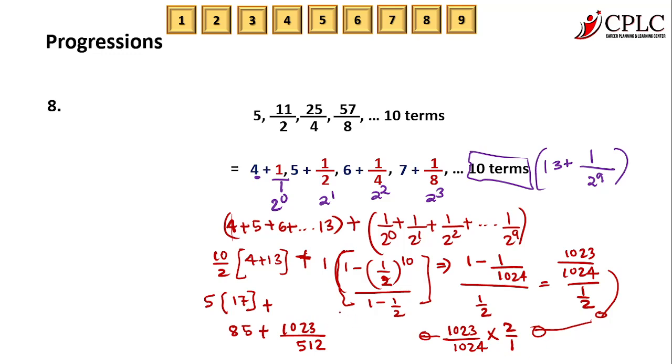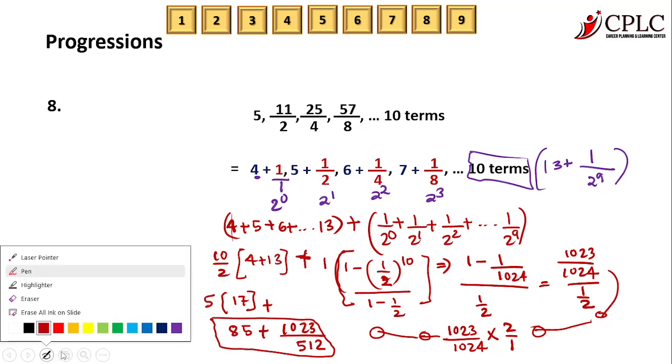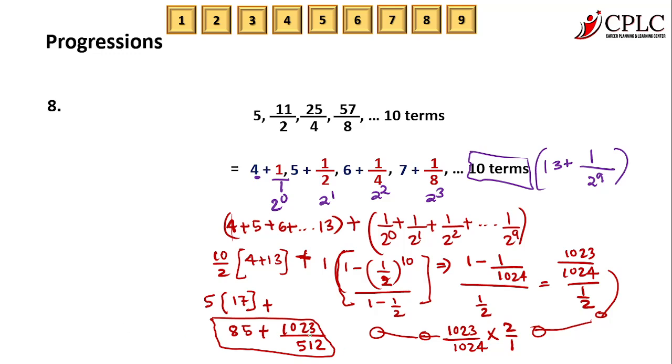Now, no such answer is present. You tend to mark none of these, but this is, as I said, the tricky question. So what this suggests is that you simplify this even further, in the sense that you divide 1023 by 512 and find a mixed fraction for that. Dividing 1023 by 512, 2 times 512 is 1024, so it has to be 1 only. So the remainder becomes 511.